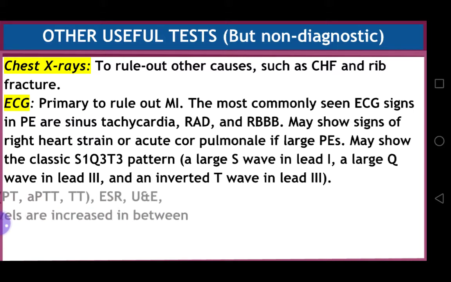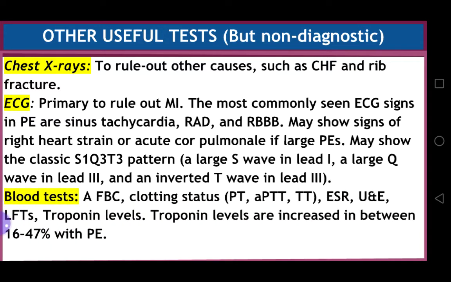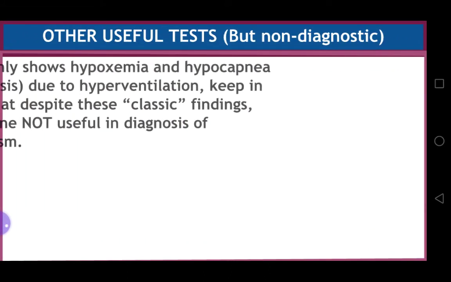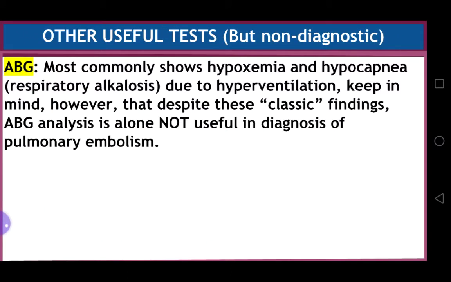Blood tests which you can perform: full blood count, clotting status, PT, APTT, TT, and ESR, urea and electrolytes, LFTs, and troponin levels. Remember that troponin levels are increased in between 16 to 47% patients with pulmonary embolism. Some other tests, ABG, most commonly shows hypoxemia and hypocapnia, that is respiratory alkalosis due to hyperventilation.